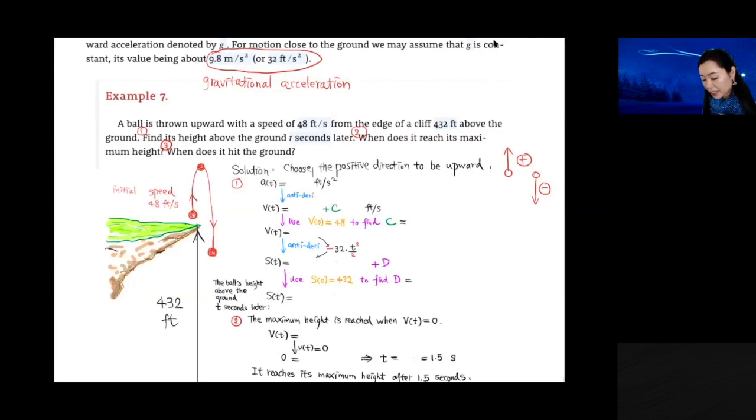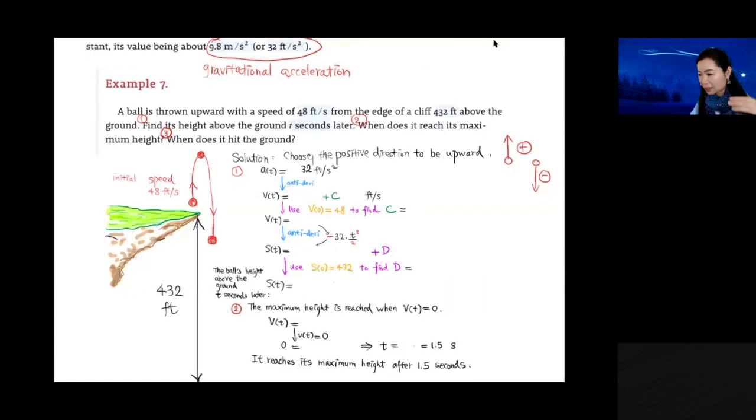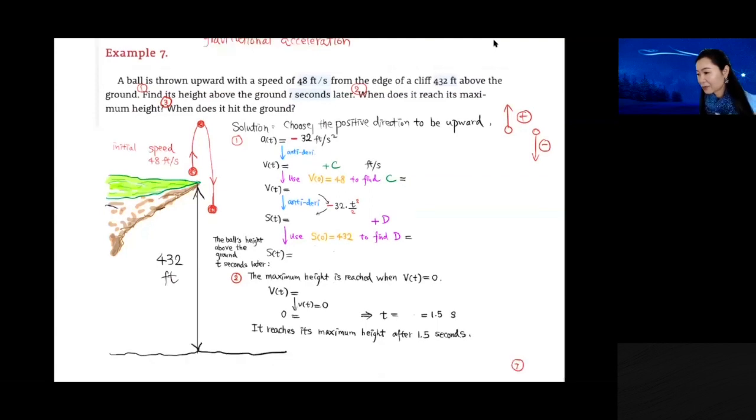So a(t) is 32 feet per second squared. Now, the gravitational acceleration is pulling it downward, and we consider downward as the negative direction, so I will put a negative sign in front: negative 32 feet per second squared.